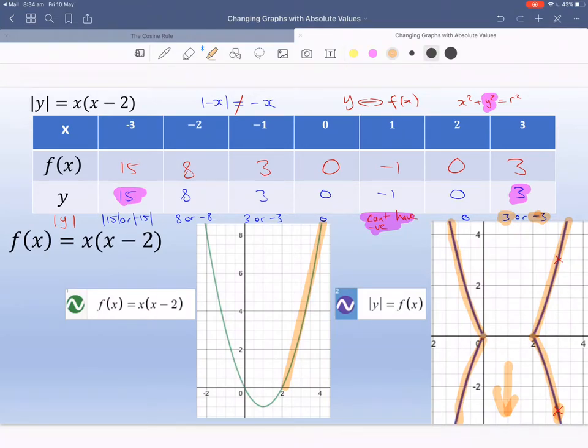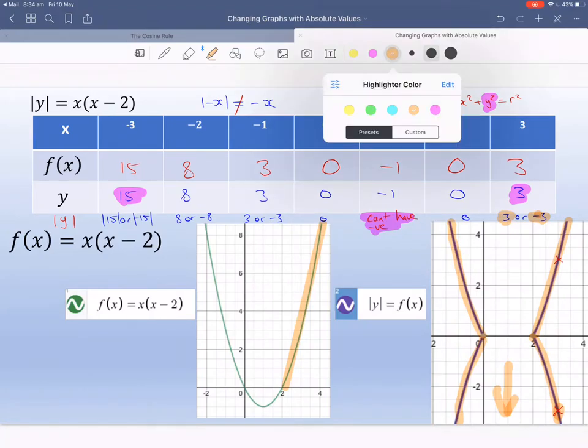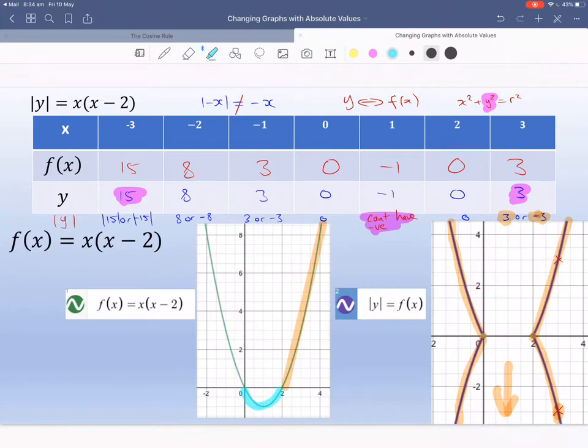Now, the only thing that we can't have is the negative part. So we can't have this negative part down here. You can see that it doesn't exist. So anything that's below the x-axis, into the negative y realm, won't exist in these types of graphs.